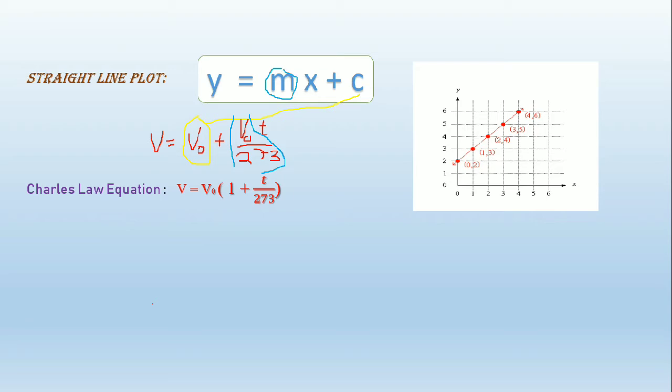So this M is a constant and this C is a constant. V0 resembles C and M is V0 by 273. V0 is also constant, 273 is also constant. So this T resembles X. We can consider the whole thing as Y is equals to C plus Mx.